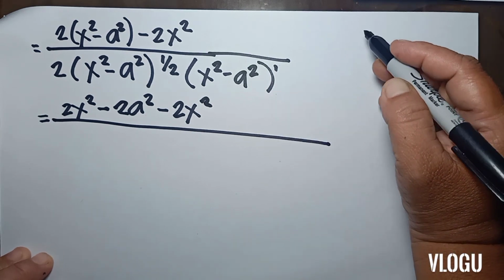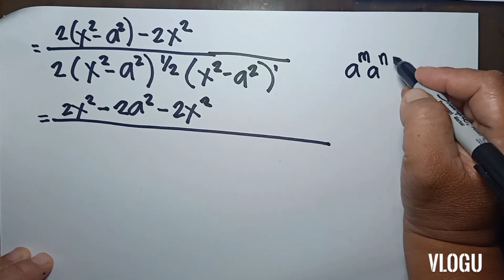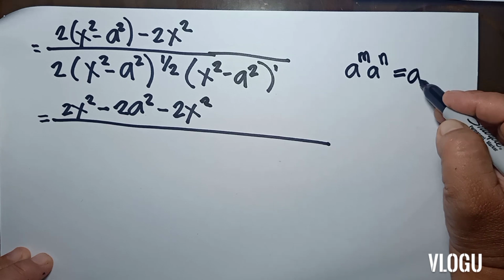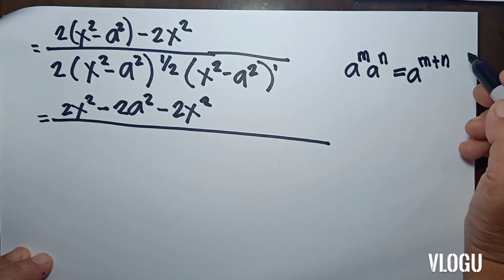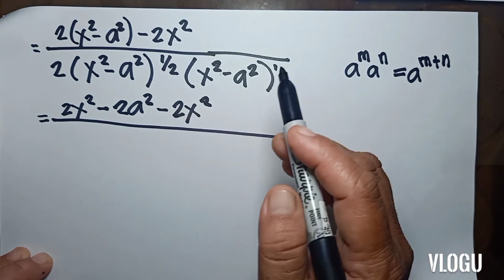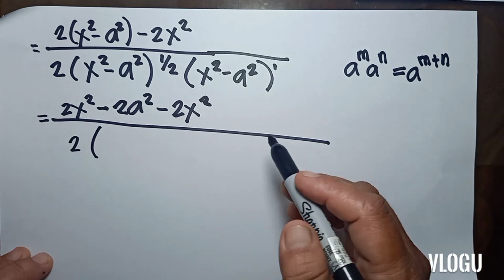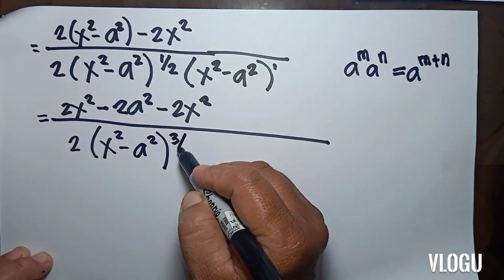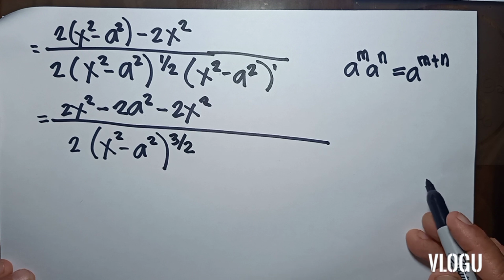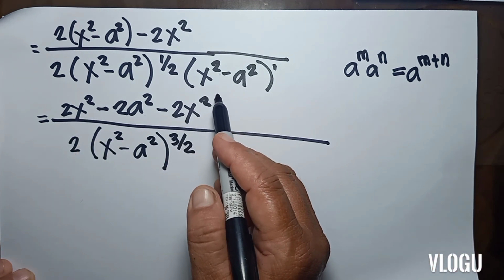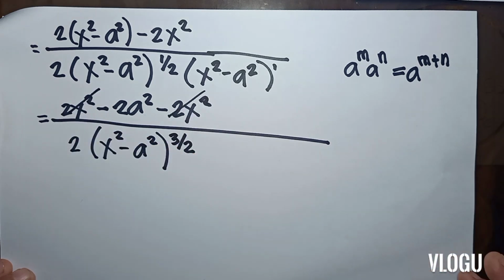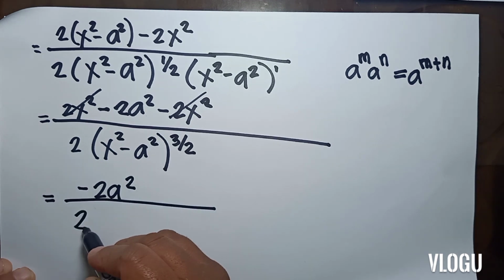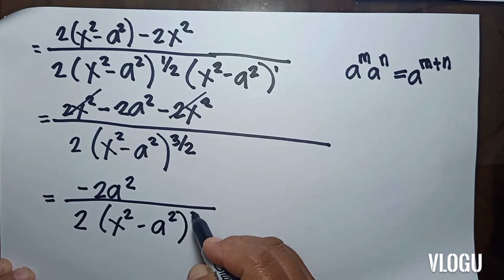By our laws of exponents, if we have the same base, a to the m times a to the n, we add the exponents, so we add 1/2 plus 1, that is 3/2. Then 2x squared minus 2x squared is 0, so that can be cancelled out. What is left is negative 2a squared over 2 times x squared minus a squared raised to 3/2.